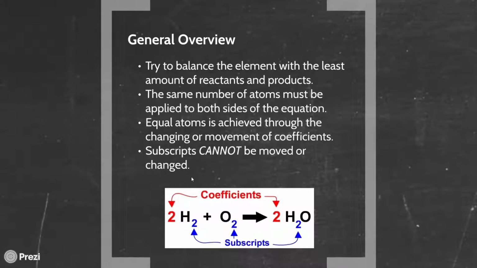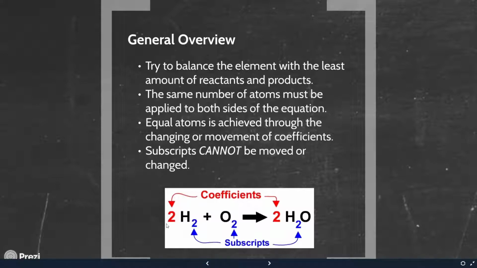In general, we're going to try and balance our elements with the least amount, so we always want our balancing in lowest common denominators. And then we have to have the same number of atoms on both sides of the equation.